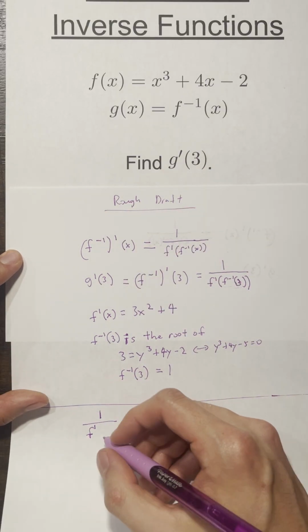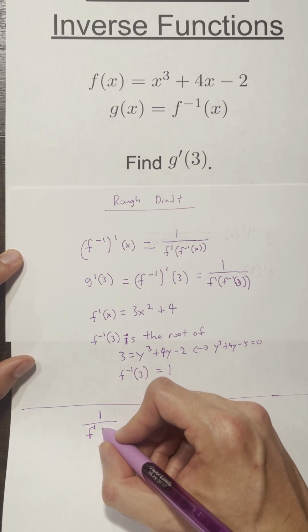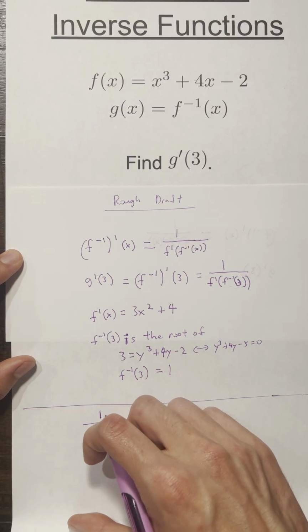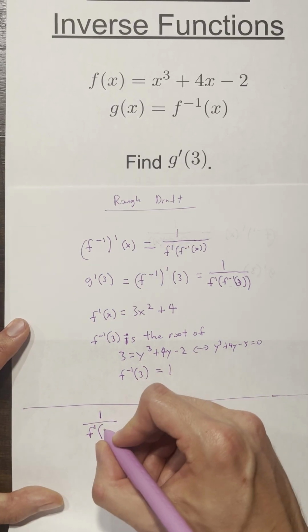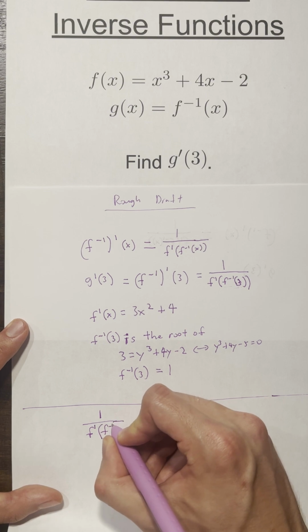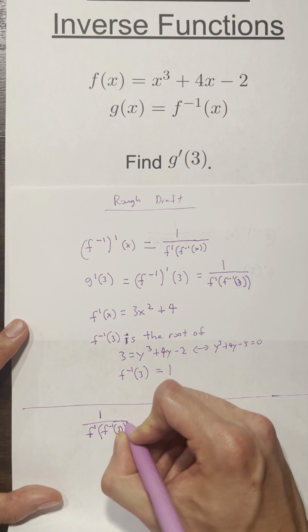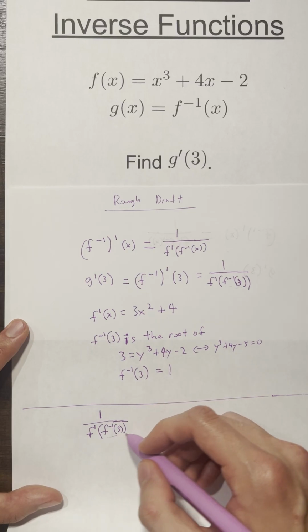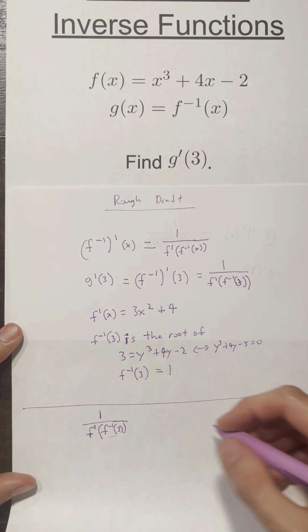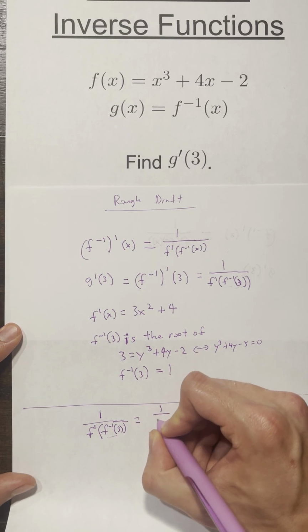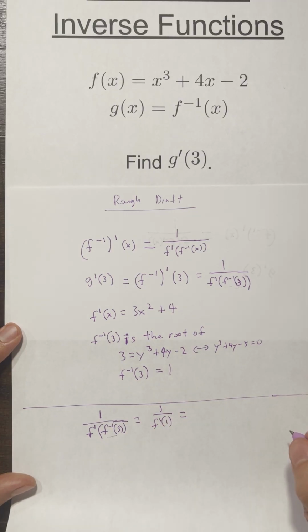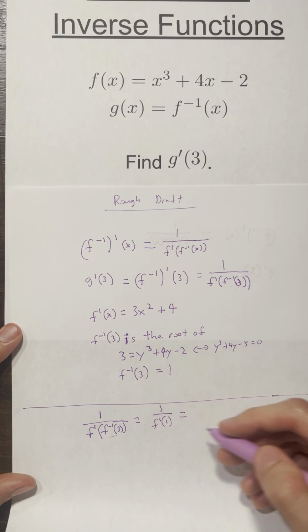Okay, so 1 over f prime of f inverse of 3. So what did we just do? What can we change this to? 1. Okay, and how do we figure out f prime of 1?